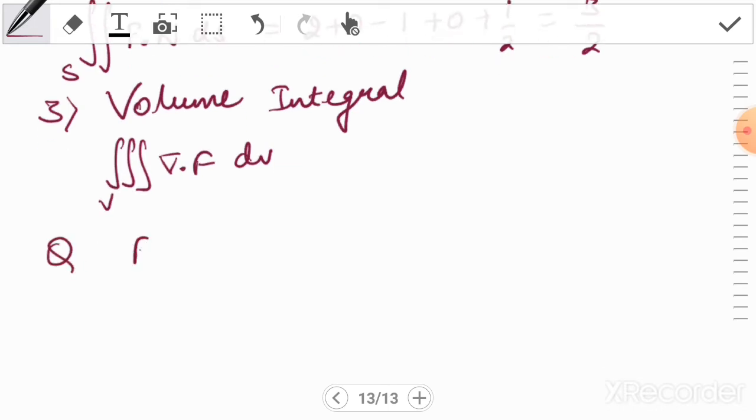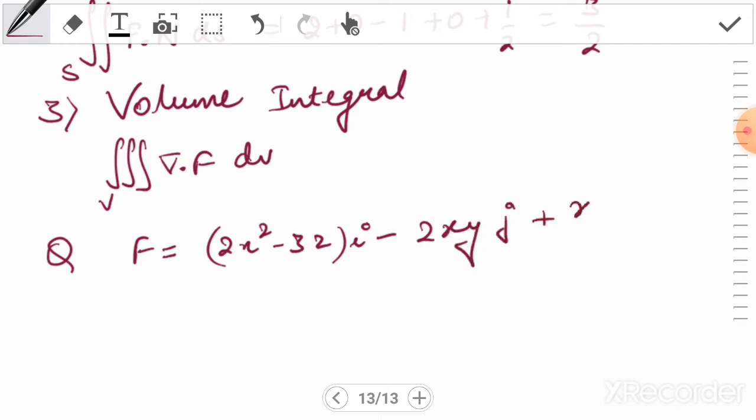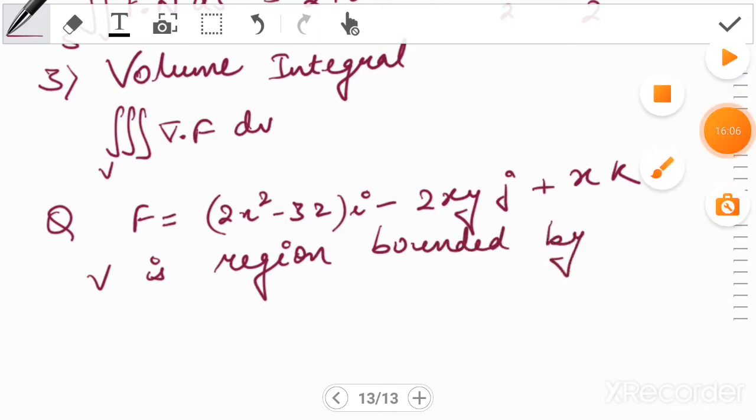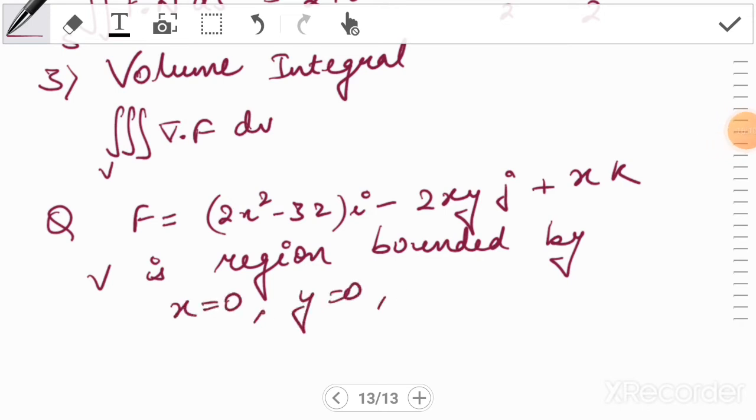So f is given as 2x square minus 3z i minus 2xy j plus x k, where v is the region bounded by x equal to 0, y equal to 0, z equal to 0 and 2x plus 2y plus z equal to 4.